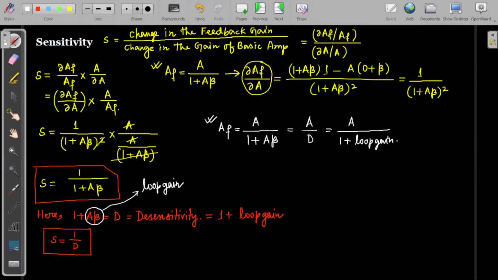Now, what is the need of the sensitivity? For the reliability of a system, the value of the sensitivity should be very, very small.